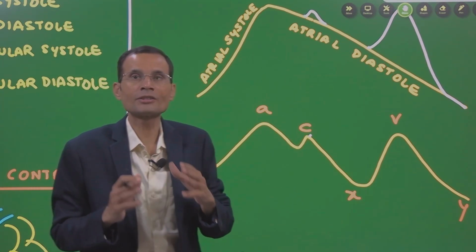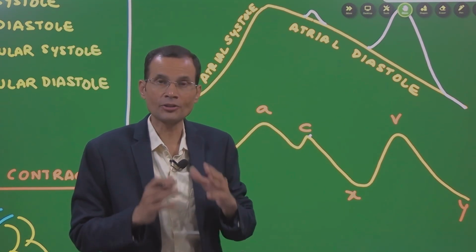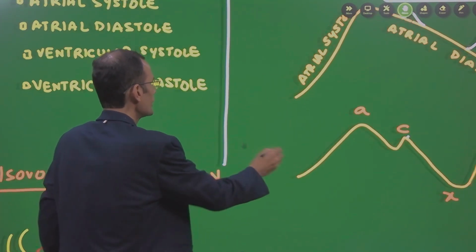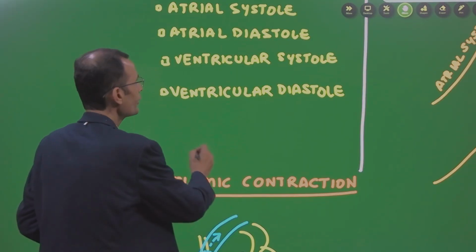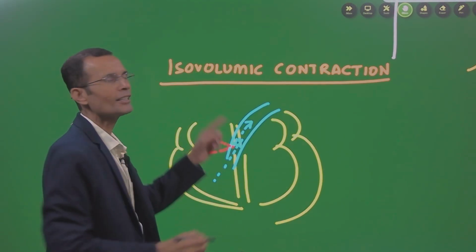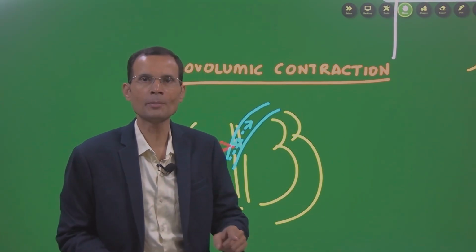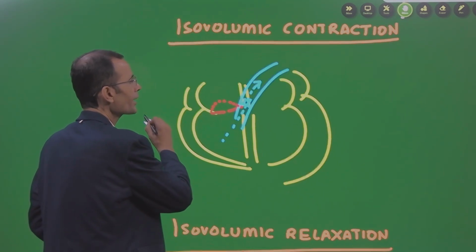But now concentrate on the ventricular events, right ventricular events. There is ventricular systole which starts. Now at the start of ventricular systole, there is isovolumic contraction, if you remember. And what is isovolumic contraction?